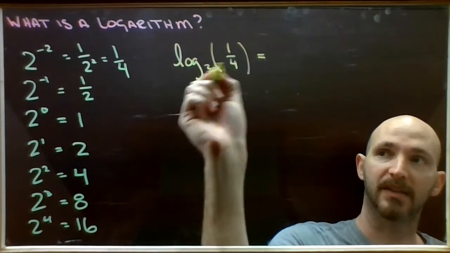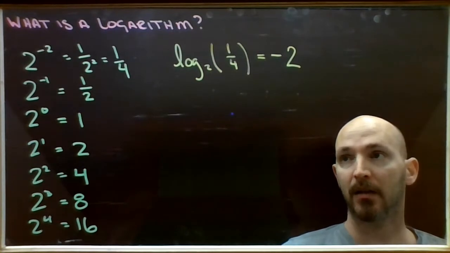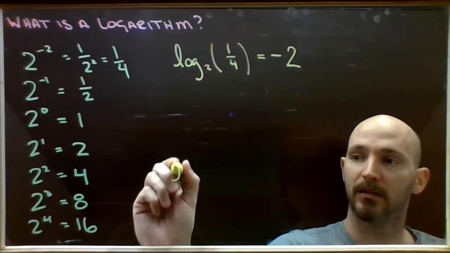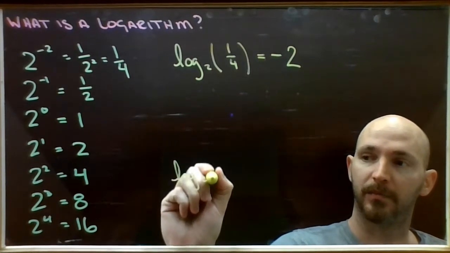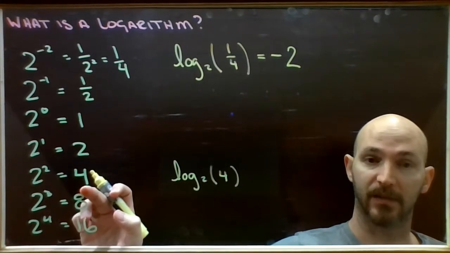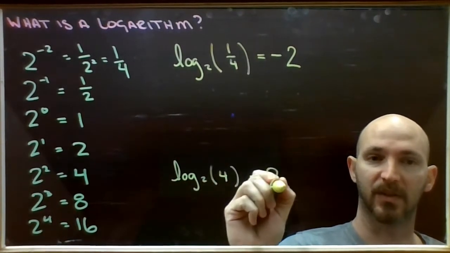So log base 2 of 1/4 should be negative 2. If I were to ask you what log base 2 of 4 is, because 2 squared is 4, log base 2 of 4 must be 2.